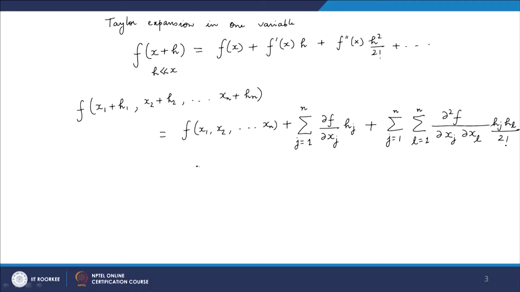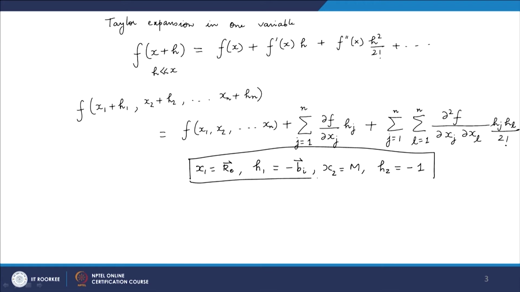Let us say x1 is my Re and corresponding h1 is equal to minus Bi, and then x2 is equal to M and h2 is equal to minus 1.